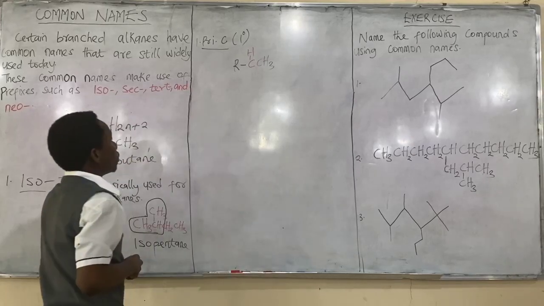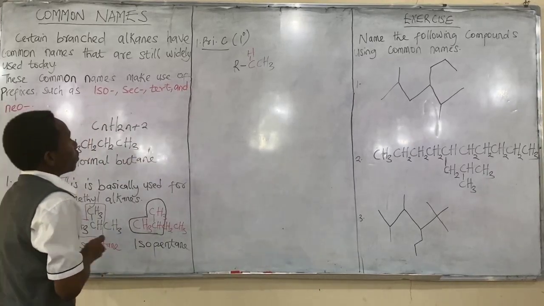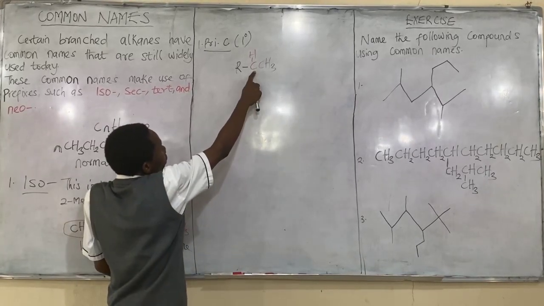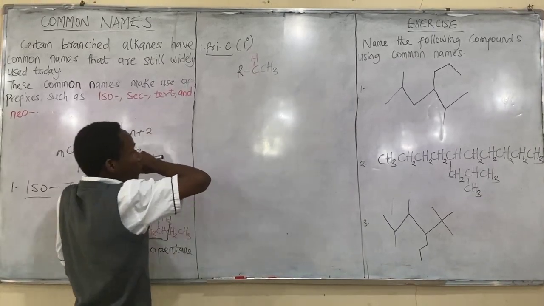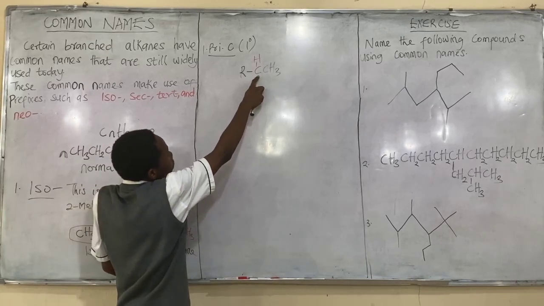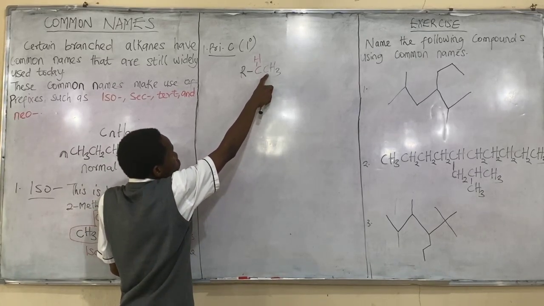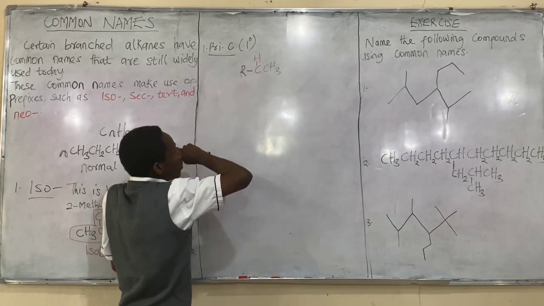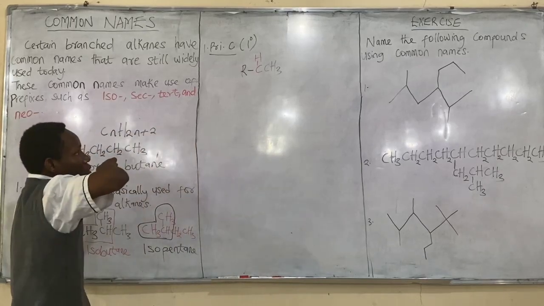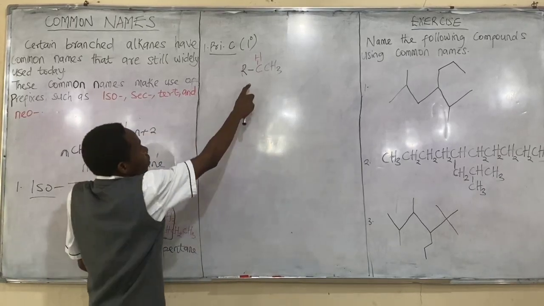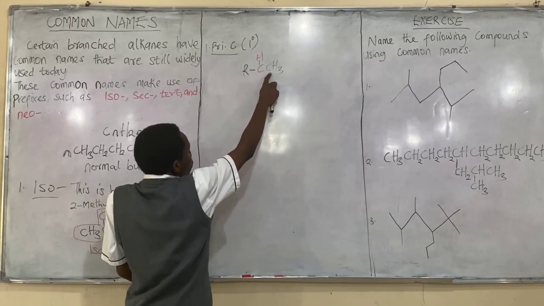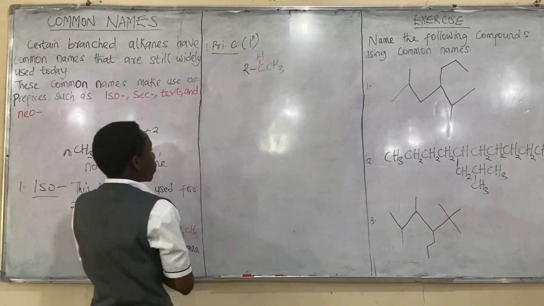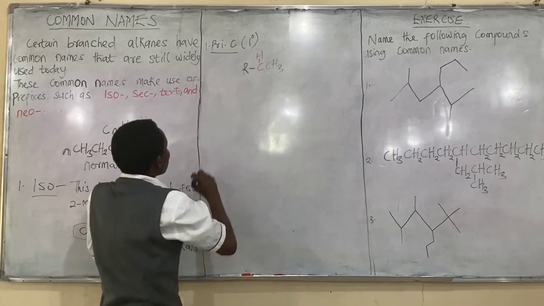This carbon here is what we call primary carbon. Why? Because this particular carbon is attached to just one single carbon. The R here is our substituent. So this particular carbon is attached to just one singular carbon. So we call this primary carbon.